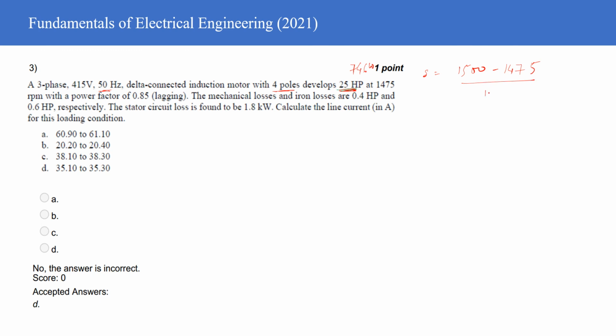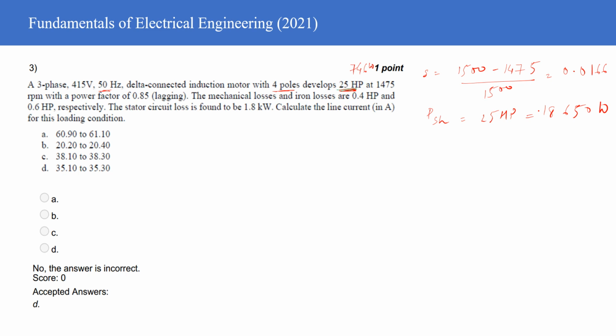Therefore, the slip is equal to 1500 minus 1475 divided by 1500, which is 0.10166. So this is the slip of the system. The shaft power P shaft is given to us as 25 HP, or 25 into 746, which is 18650 watt.